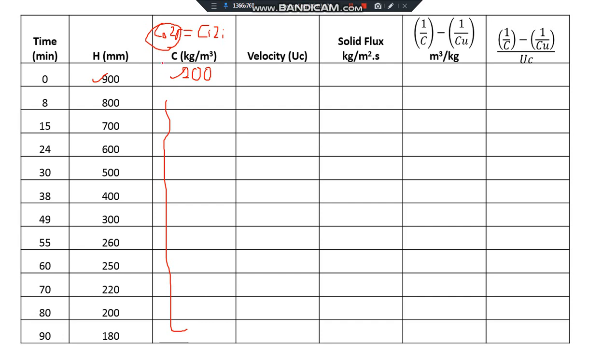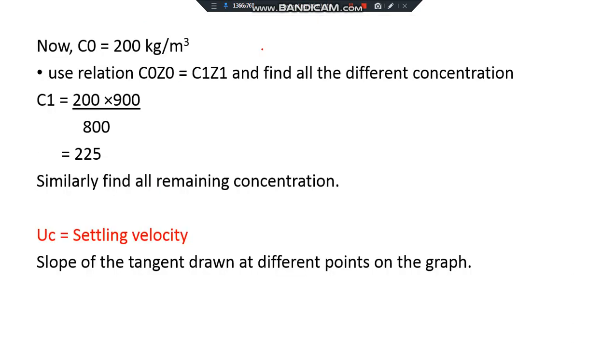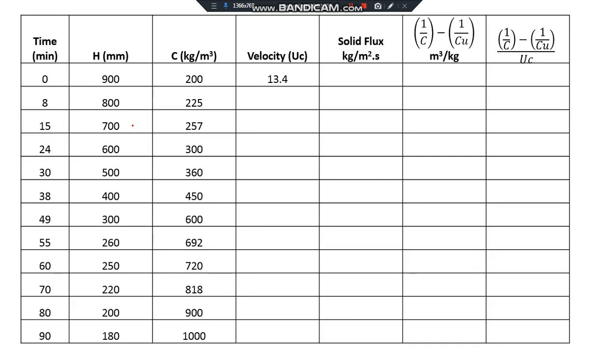So now by using Kynch's relation, you have the concentration at different heights and you also have the velocity. The settling velocity is the slope of the tangent drawn to the curve at the different points. That is our settling velocity. So as per my data, the values of the settling velocity at the different points are these.